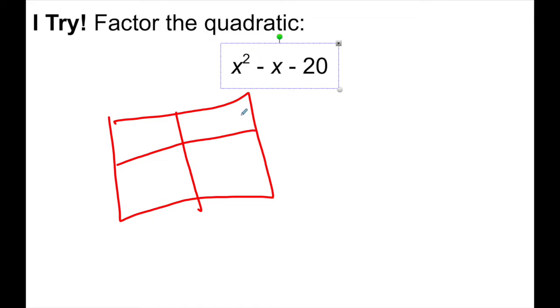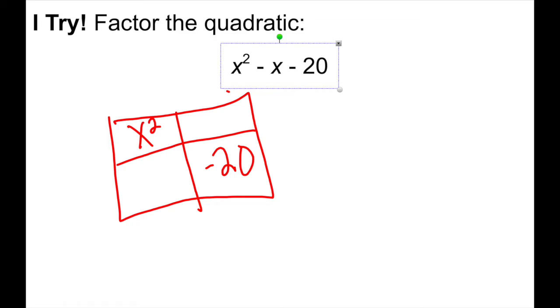So I know my x squared is going to go where? Here, box 1, box 2, box 3, box 4. Which one? X squared is going to go in box 1. Negative 20 is going to go in box 4. I'm just saying that so that you would have an answer.